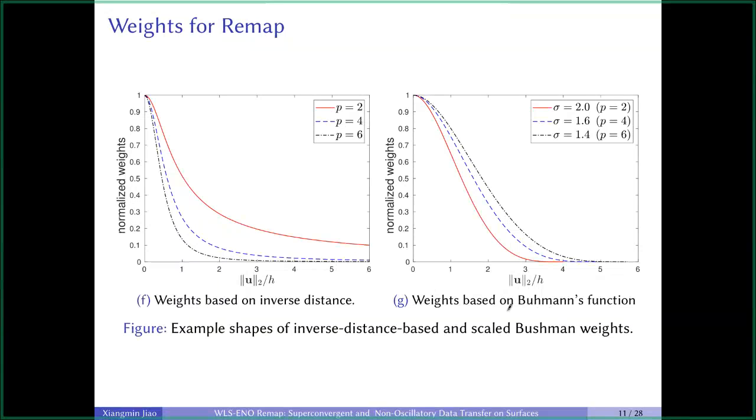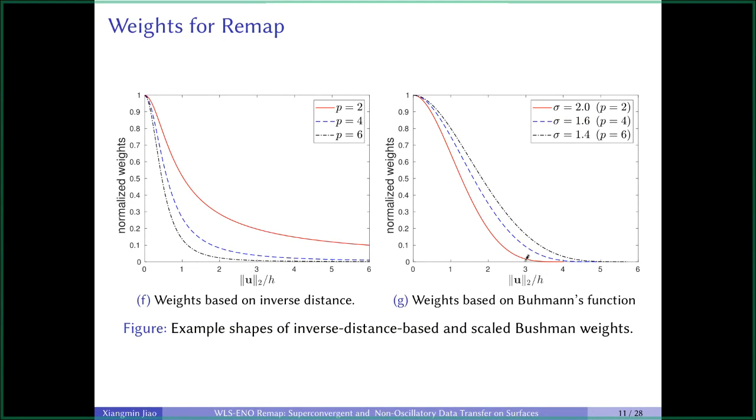So to overcome this, we looked at some radial basis functions. They developed some C3, C4 continuous weights. For example, here it's very flat because it's C3 continuous, and then there are some parameters, and we adjust the parameters so that they basically have the same asymptotes as the inverse distance based weights.